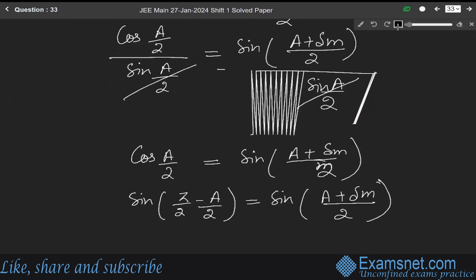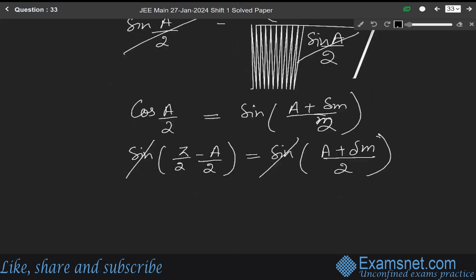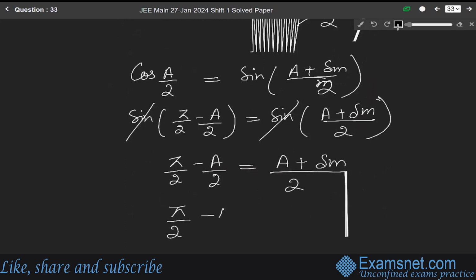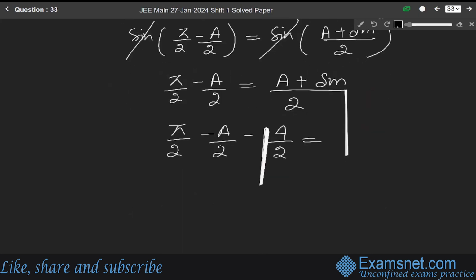So sine cancels. Thus pi by 2 minus A by 2 equals A plus delta m by 2. So pi by 2 minus A by 2 minus A by 2 equals delta m by 2. So pi by 2 minus 2A by 2 equals delta m by 2.